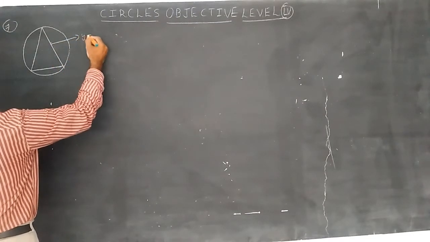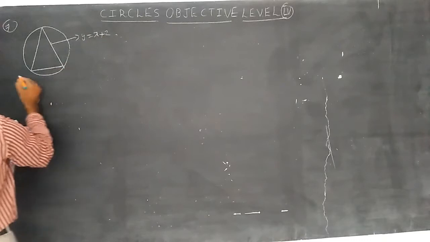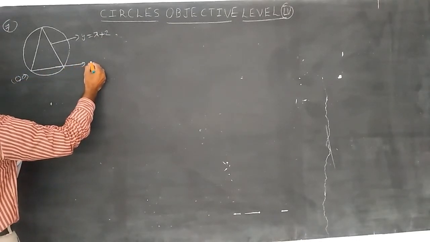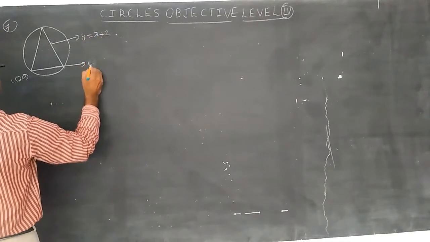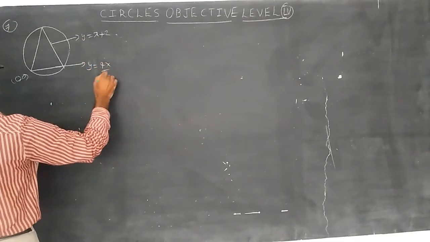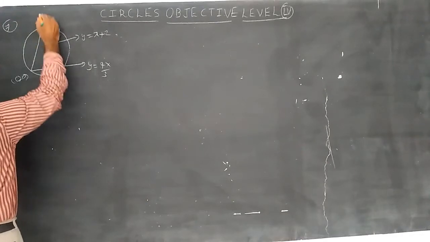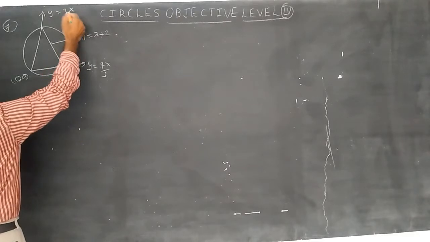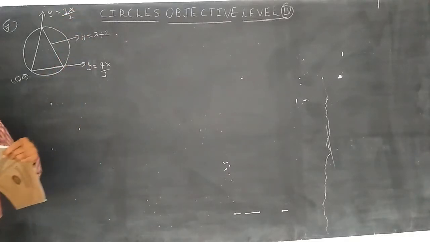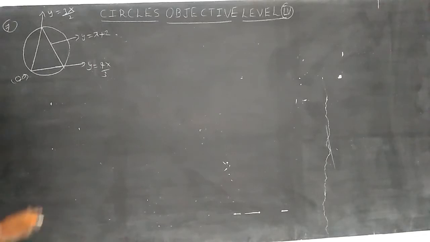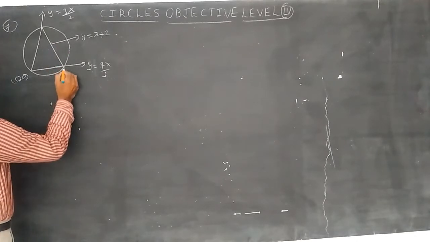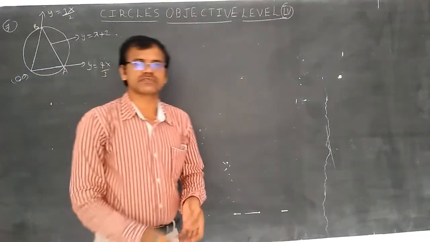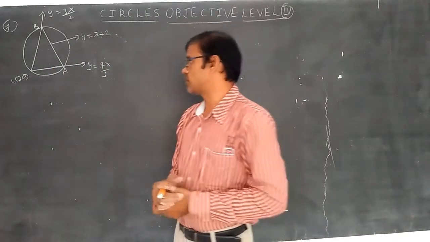This line is y is equal to x plus 2, and the two lines are passing through the origin. This line is 3y equal to 4x, so let us write y equal to 4x by 3, and this line 2y equal to 3x, let us write y is equal to 3x by 2. So solve these lines, put here A and here B. You should calculate the equation of the circle passing through the 3 points.